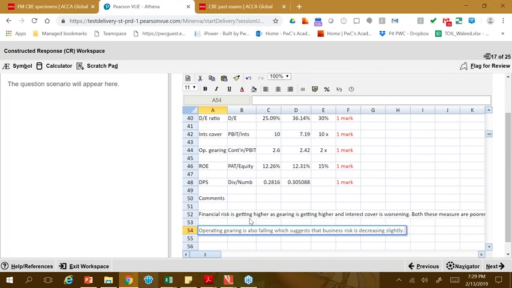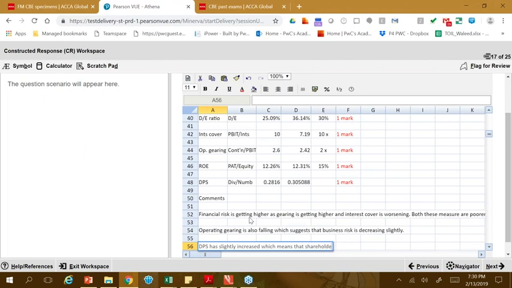Because business risk is operational risk, which is linked to the cost structures. And the final point here is that DPS has slightly increased, which means that shareholders' wealth is getting better. And that's it.